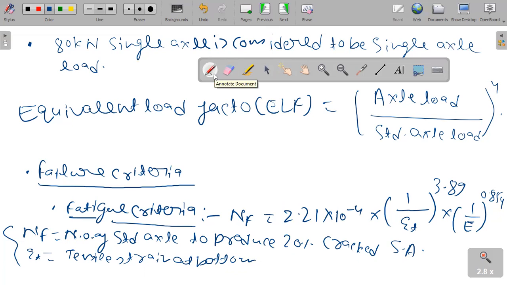So this is all about the fatigue criteria. Let's move to rutting criteria, which is another part of failure criteria.